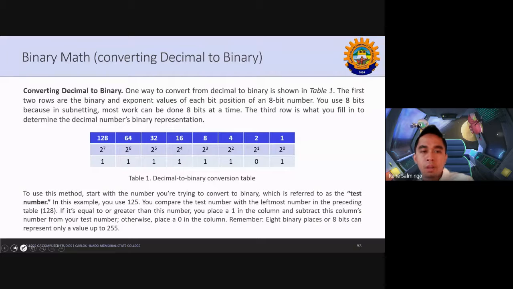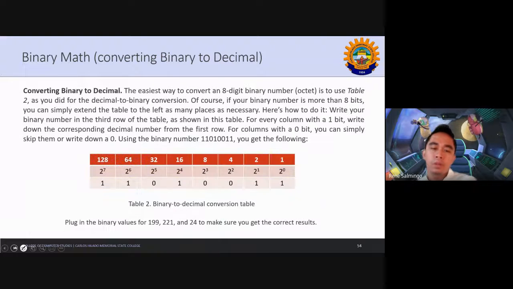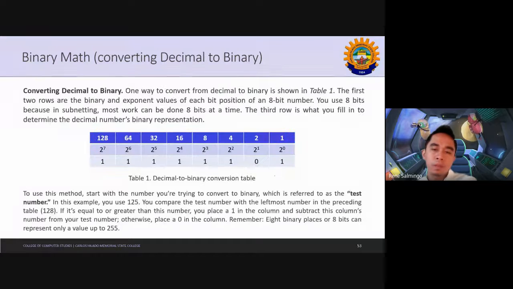Now, one way to convert from decimal to binary is in table 1. By using this table, this is your least significant bit, your LSB, and your most significant bit, MSB, on this side.